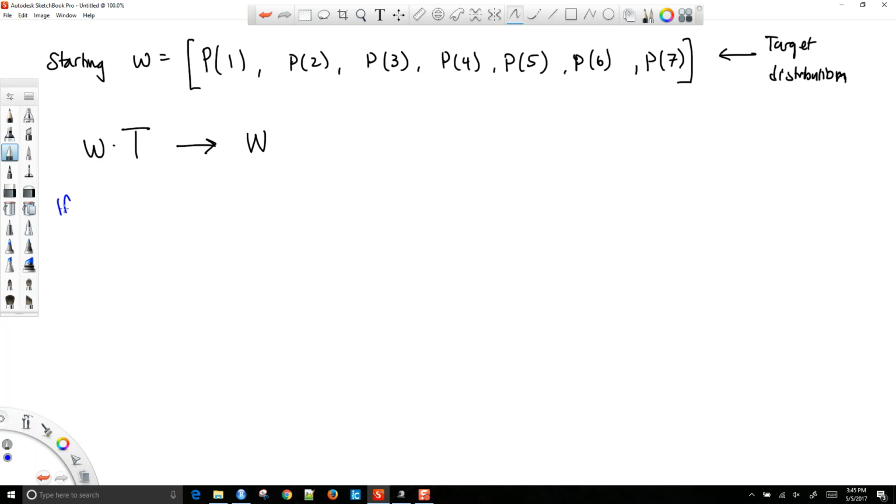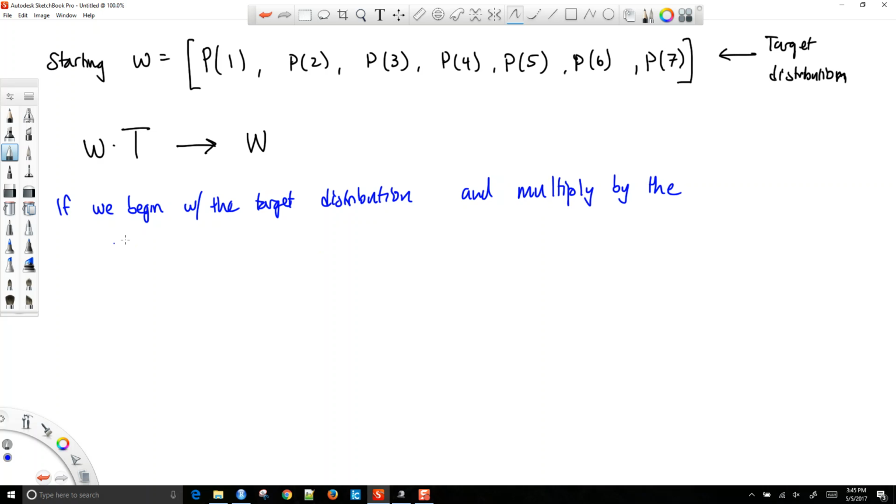So if we begin with the target distribution and multiply by the transition matrix, we get back the target distribution. And this means that the target distribution is the stationary distribution of our transition matrix.